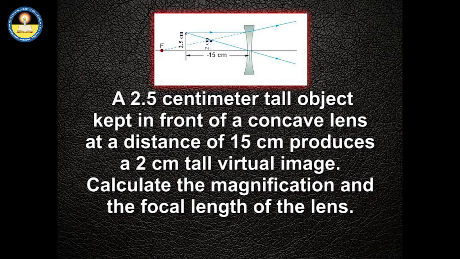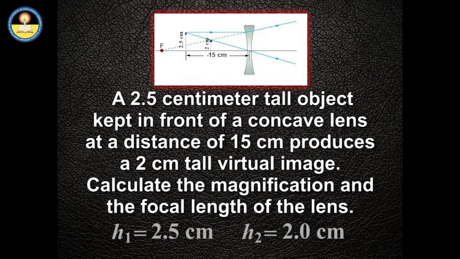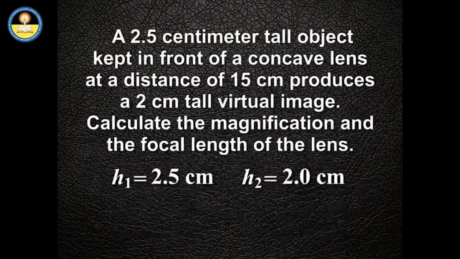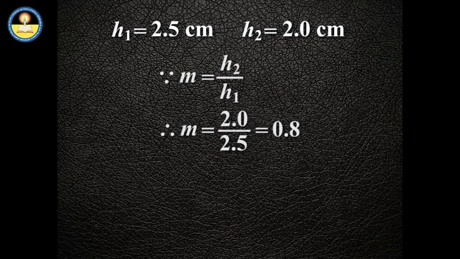Since a virtual image is always erect, the object height and the image height are both positive. Here, h1 is given as 2.5 centimeters and h2 is given as 2 centimeters. Hence, the magnification m comes out to be 0.8.